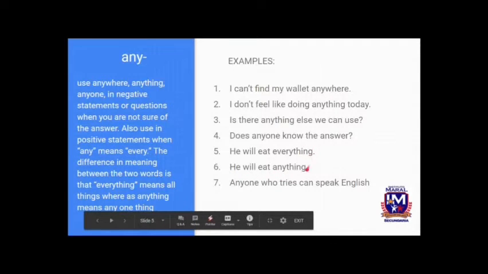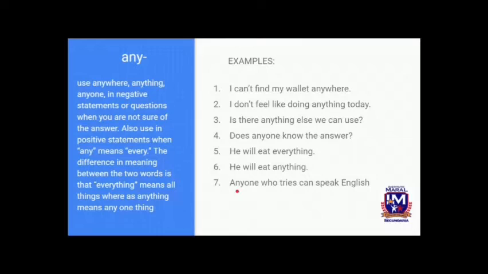You can see that these two sentences have a very similar meaning. That's why it is possible for us to use any. The next one is very similar: anyone who tries can speak English. Here I am being positive because this any can be replaced by every. If I say everyone who tries can speak English, the meaning is not the same, but it is possible to use it like this.